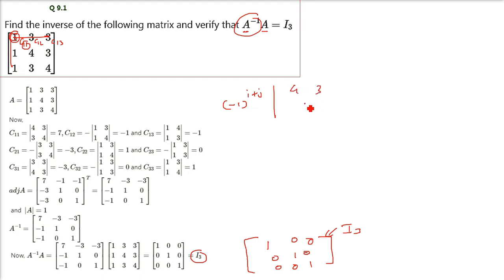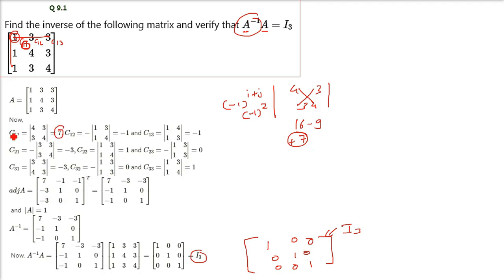For example, let us take the first one. It will be 4, 3, 3, 4, with minus 1 to the power 1 plus 1. So 16 minus 9 is 7, and minus 1 to the power 1 plus 1 is minus 1 to the power 2, which is plus 1, so we get plus 7. This is how we have achieved 7.